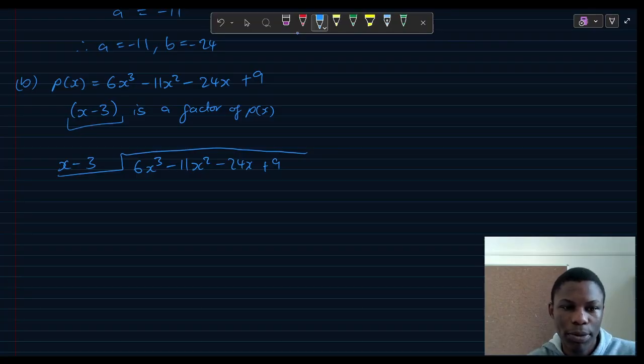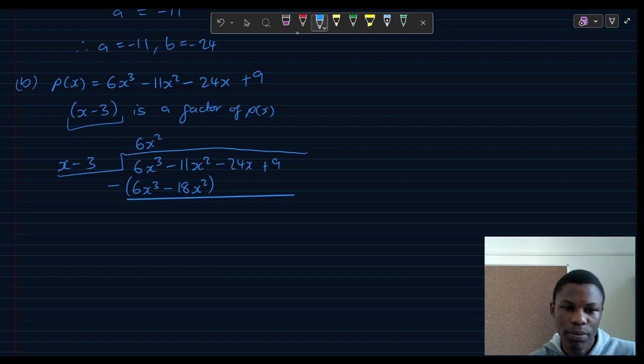So we're going to say how many times does x go into 6x cubed? That's 6x squared. Now multiply the 6x squared by your divisor. So 6x squared times x, that's 6x cubed. 6x squared times negative 3, that's negative 18x squared.